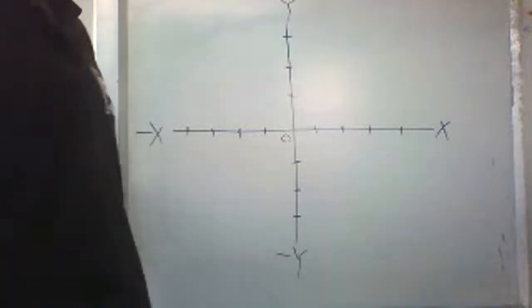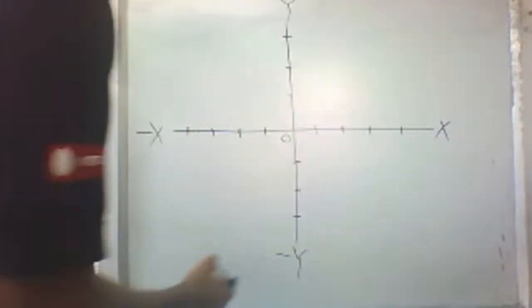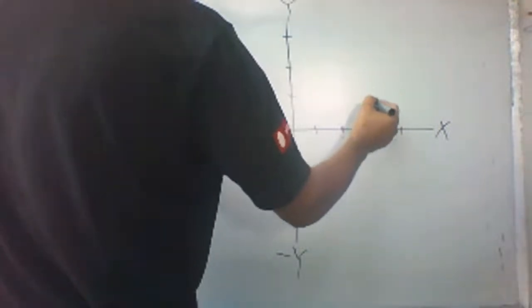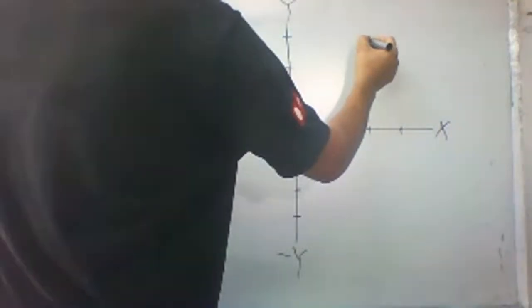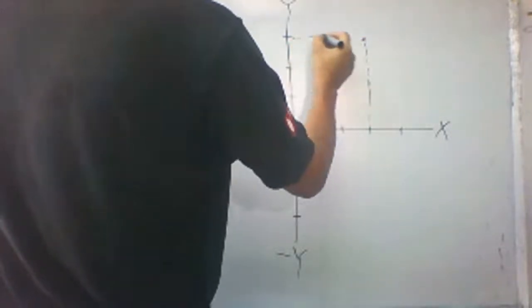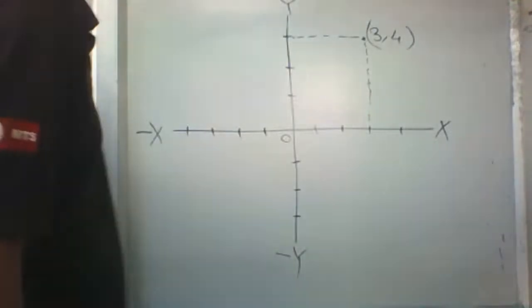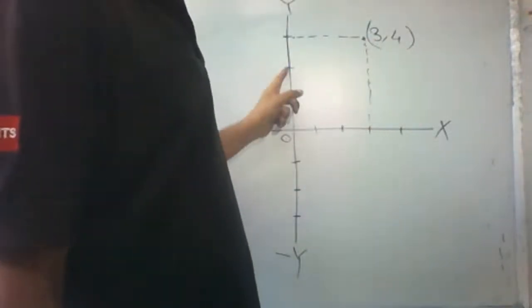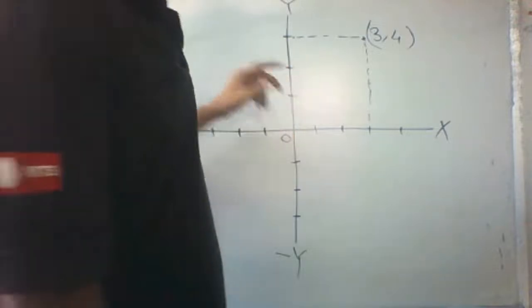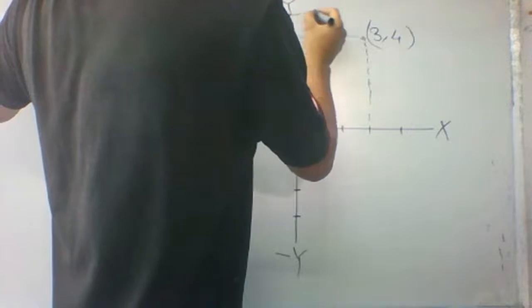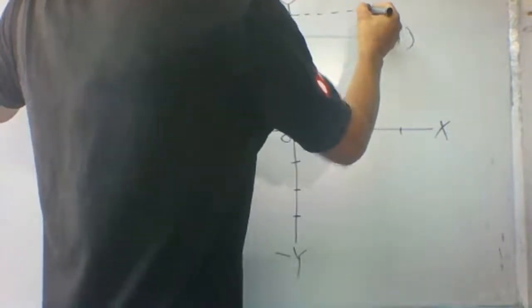If a point is here, and that is 3, 4, this is the point (3, 4). Got it? 3 on the x-axis and 4 on the y-axis.